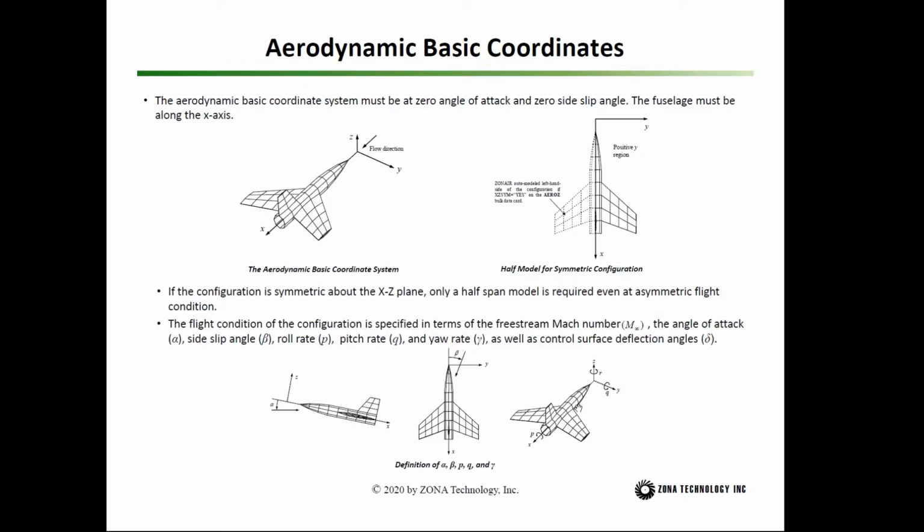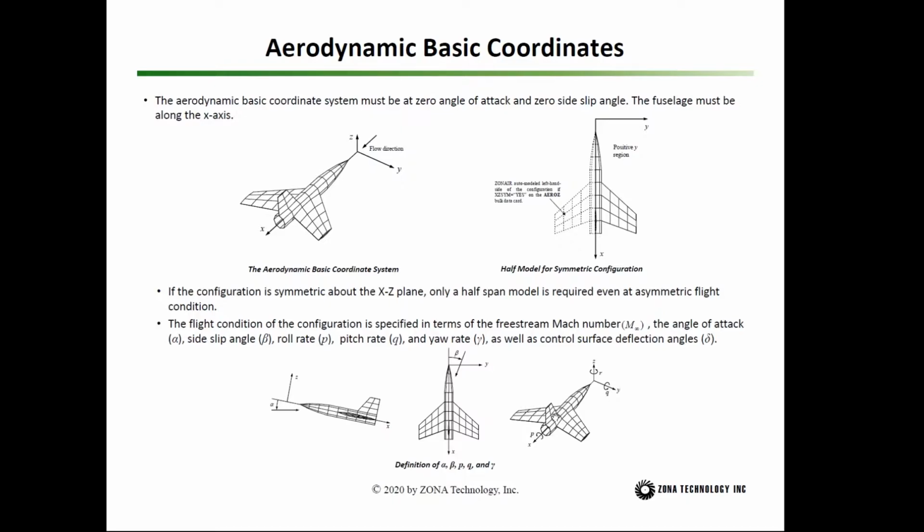So if you have a Cnβ, like the yawing moment due to sideslip angle, because the yawing moment is about the z-axis, the sign of Cnβ computed by ZONAIR and computed by the flight dynamics people are opposite.